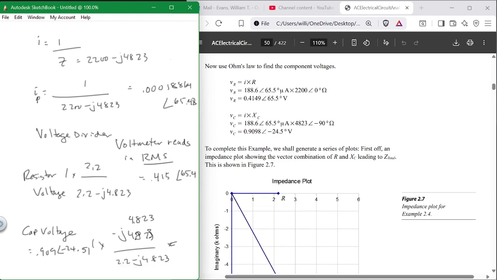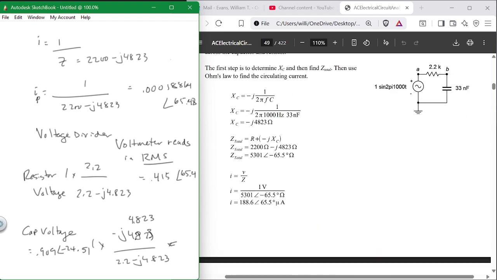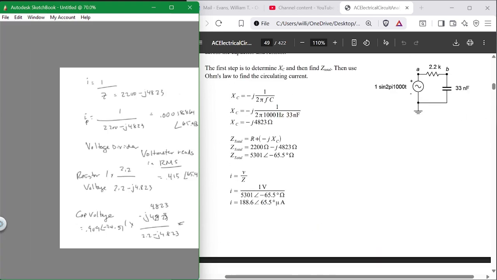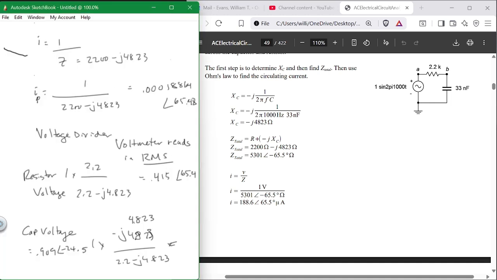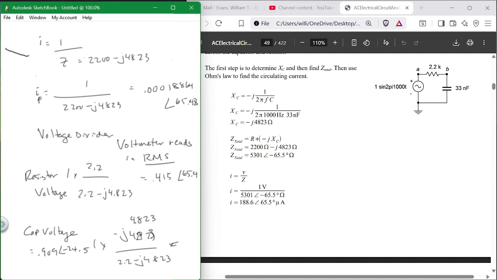Now you're going to ask me how 1 is equal to 0.9 plus 0.4.